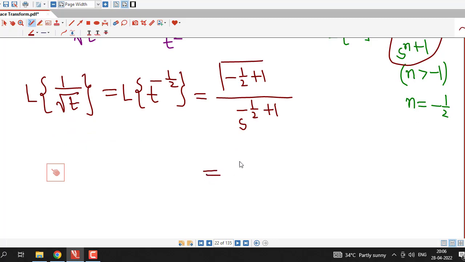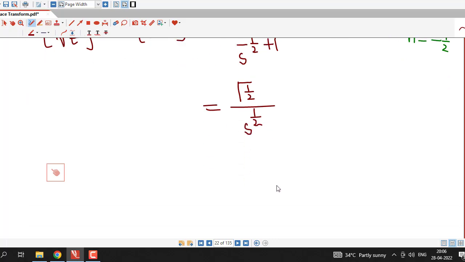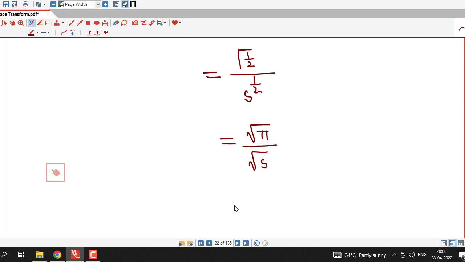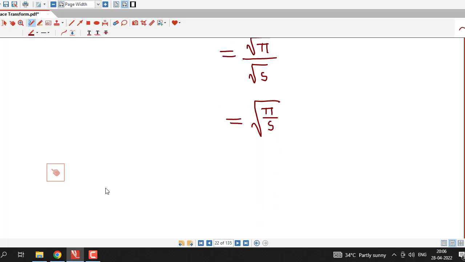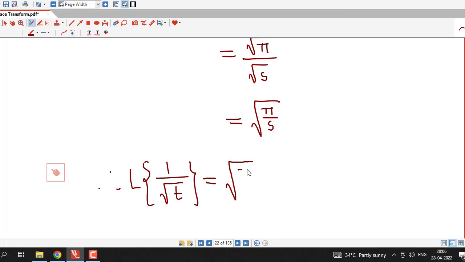Minus 1 by 2 plus 1 is 1 by 2, so gamma 1 by 2 divided by s raised to 1 by 2, and we know that gamma 1 by 2 is square root of pi, and s raised to 1 by 2 can be rewritten as square root of s. So this is square root of pi divided by s. Therefore Laplace transform of 1 divided by square root of t is equal to square root of pi divided by s.